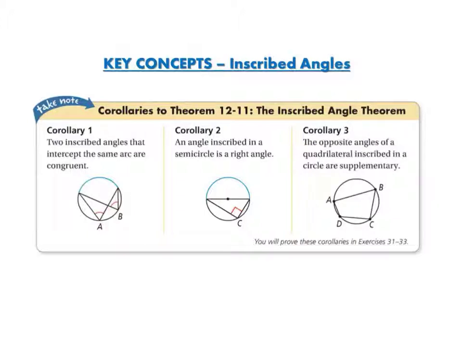The second corollary is any angle inscribed in a semicircle, that means along the diameter, is a right angle. It forms a right triangle. And the third corollary is that the opposite angles of a quadrilateral inscribed in a circle are supplementary, or they equal 180 degrees. Opposite angles equal 180 degrees.